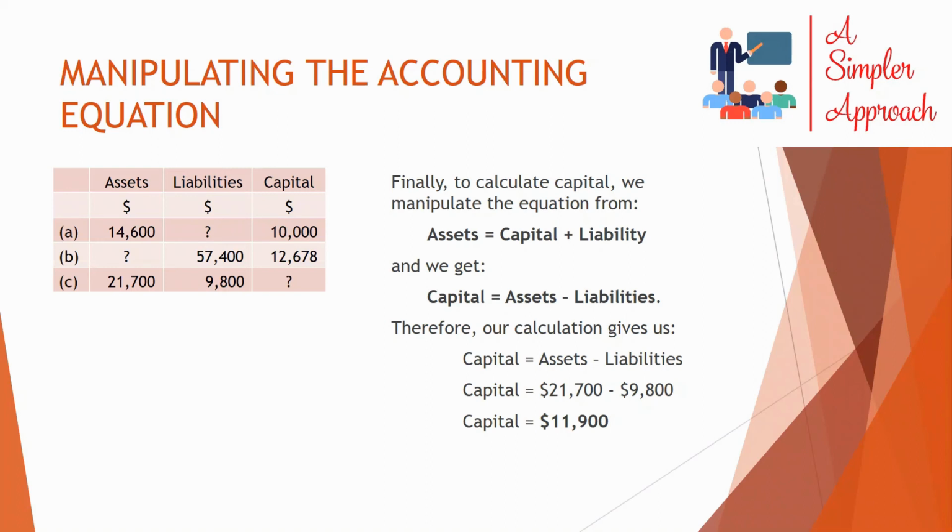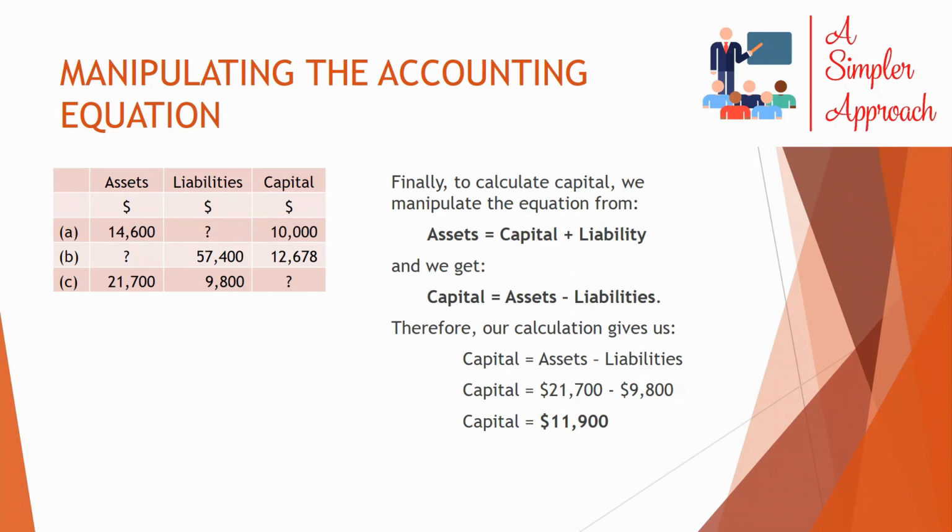Now, the concept remains the same. When we are manipulating the equation, we take the components over the equal sign and change sign. Capital was a positive component when it was to the right of the equal sign. When it comes over, the positive sign becomes a negative sign.